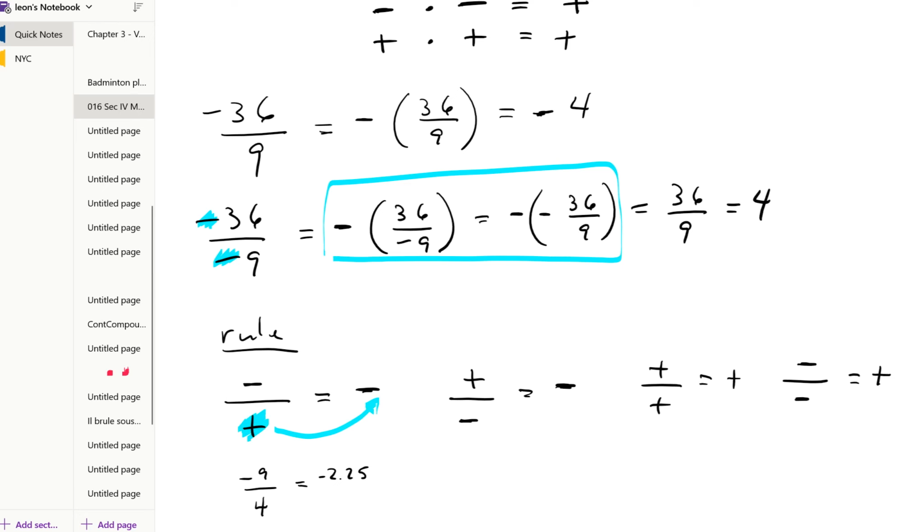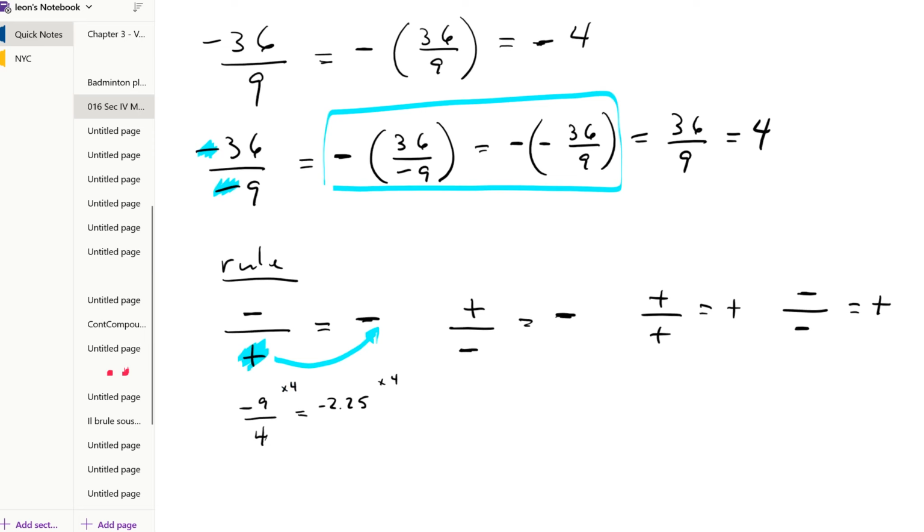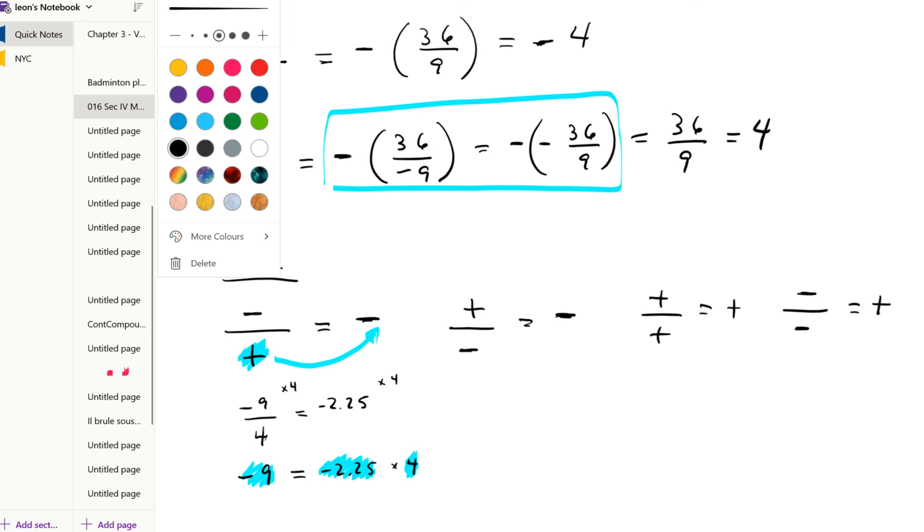If I multiply both sides by 4, 4 over 4 will give me 1. So what I'll end up with is minus 9 is minus 2.25 times 4. So I end up with a rule I saw for multiplication. I have a negative here times the positive gives me a negative. So all these rules are the exact same rules we saw before in terms of multiplication.